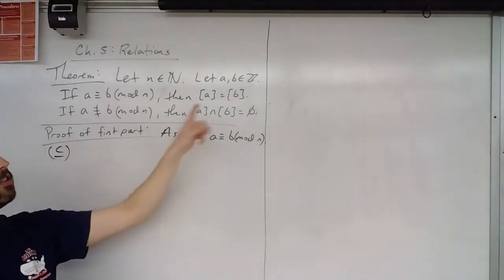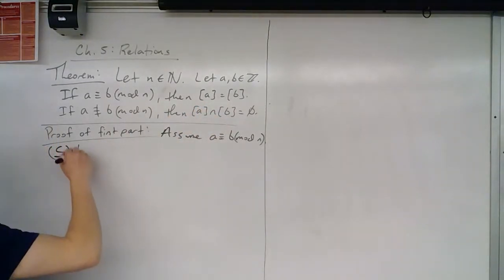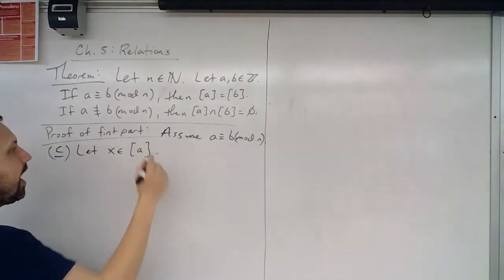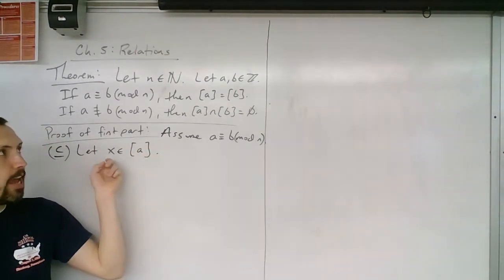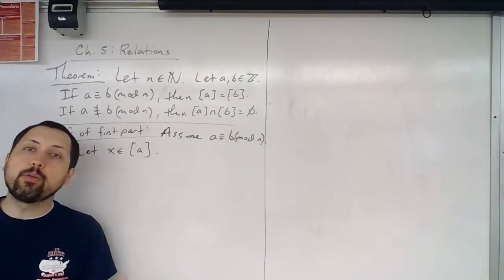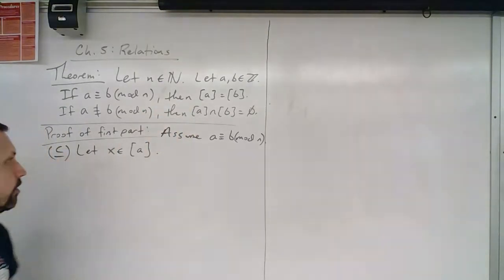So to prove that this is a subset in this way, we're going to let x be an arbitrary element in here. So we could say let x be an element of the relation class of a. Now if we have an element in the relation class of a, we'd like to figure out, why is this in the relation class of b? Well, to do that, we need the definition of these relation classes.